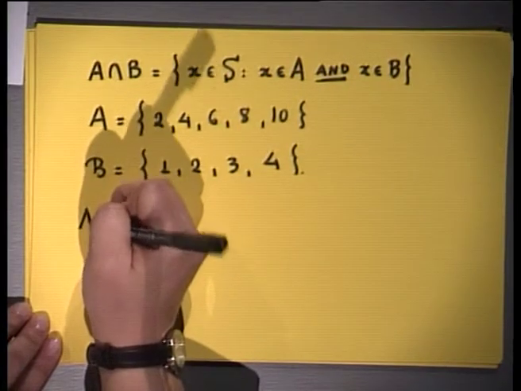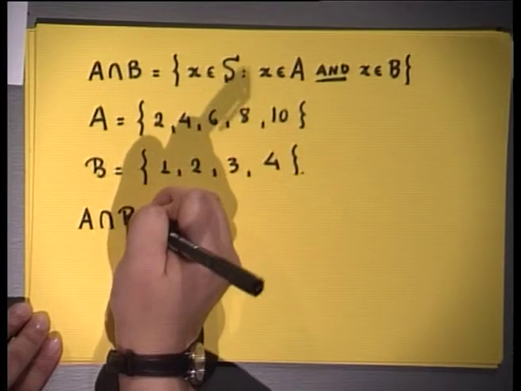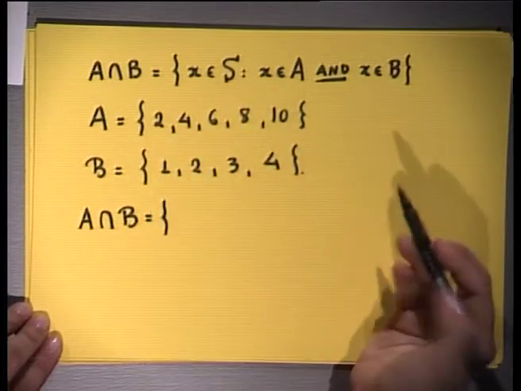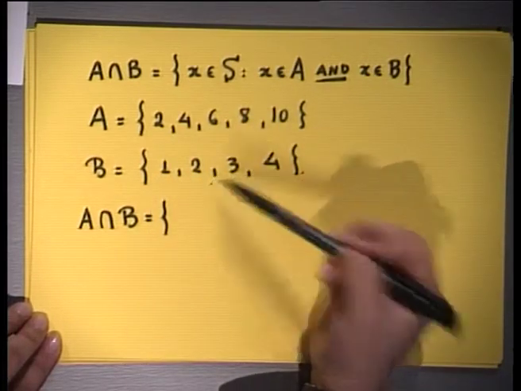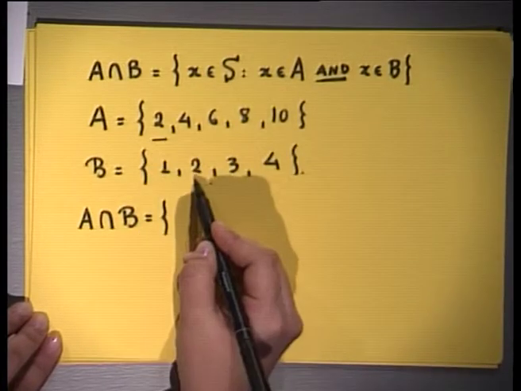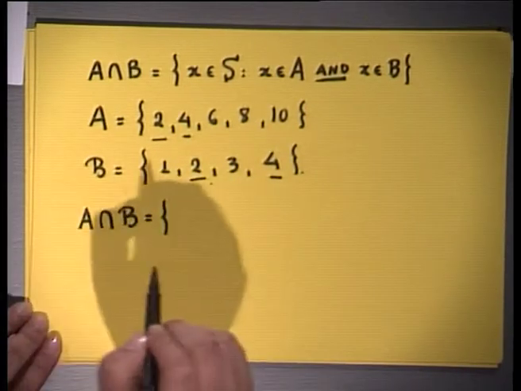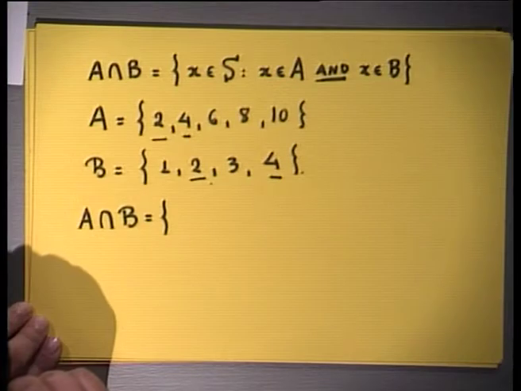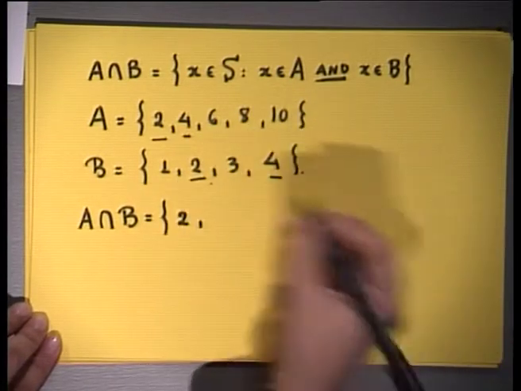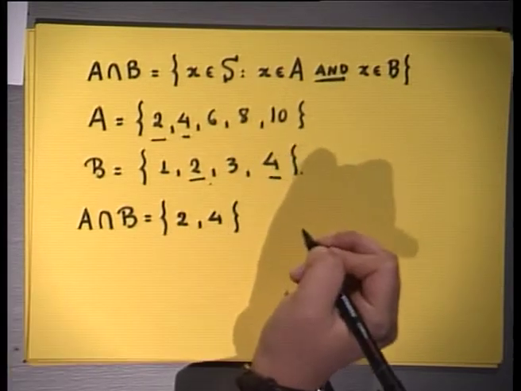So A intersection B will be the common elements of A and B. In this case, are the elements, the numbers 2 and 4. So the intersection will be the set with the numbers 2 and 4.